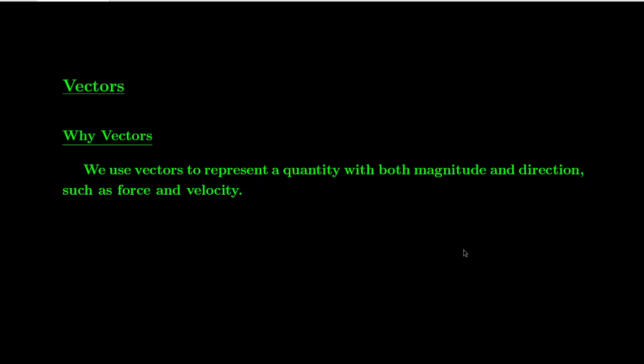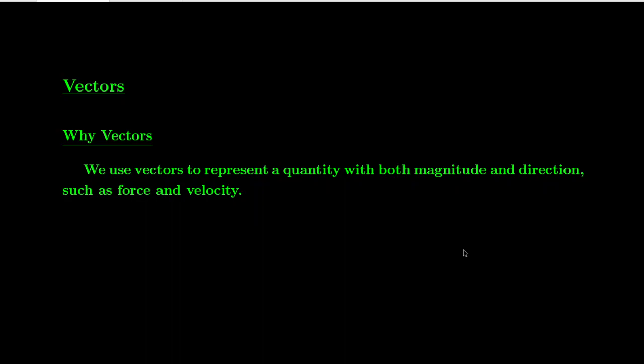Now let's define what we mean by vectors. Why did we introduce the concept of vectors? In many other sciences, let's talk about something in physics. At least you learned some physics in high school.